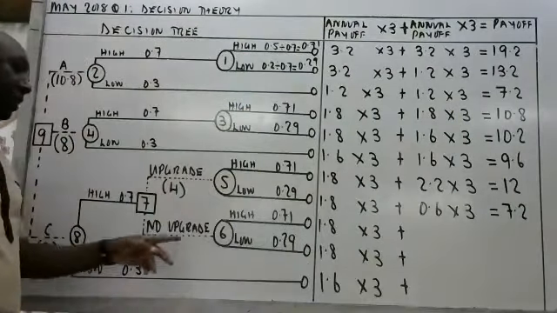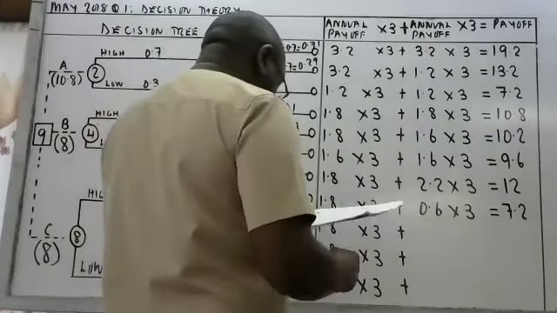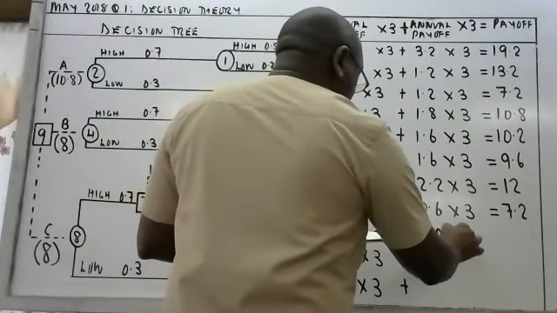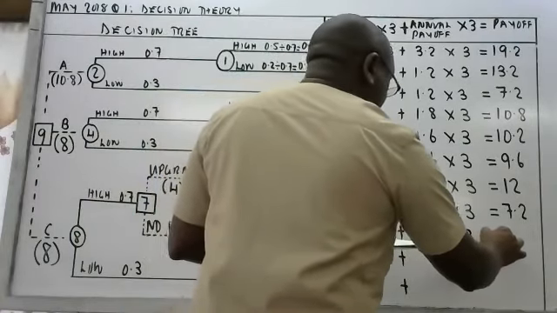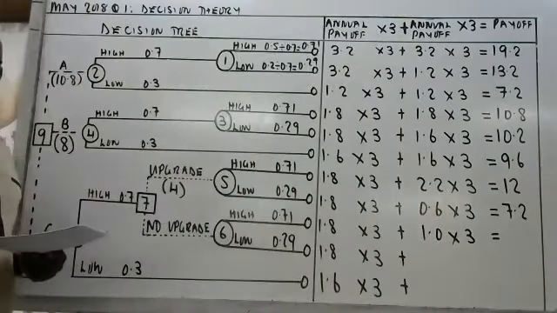If you have not upgraded and demand is high, you have 1.0 for 3 years.